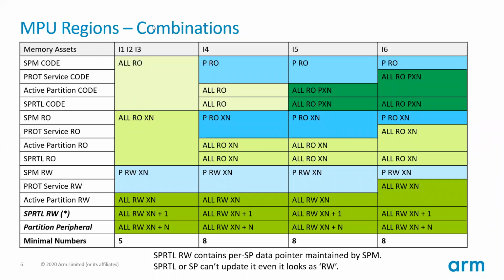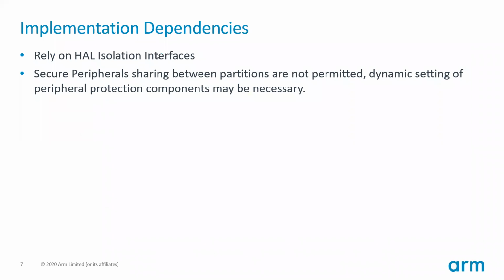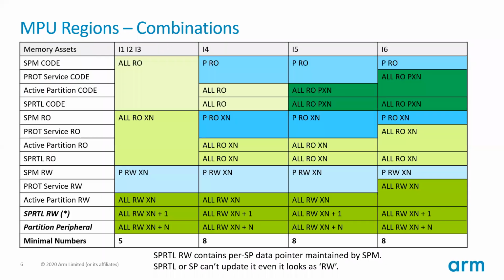Which is partly what drives the desire to not have synchronization primitives as partition APIs, because shared data in concurrent systems is a big source of errors. So the idea is that if you've got a peripheral and you need two partitions to use it, there should be a service that basically mediates access to it. Yeah, that's what I was saying. You need a service which owns the partition and owns the device, and any other service which needs to make use of the device has to go through this owning service.